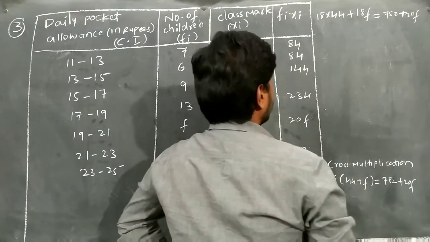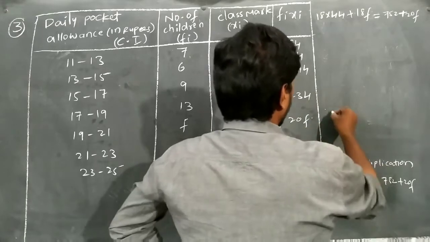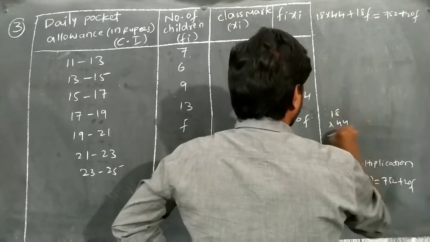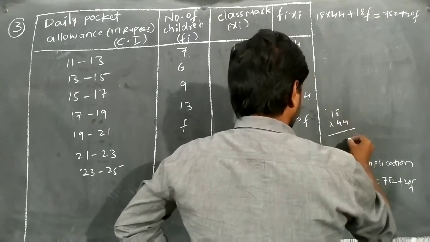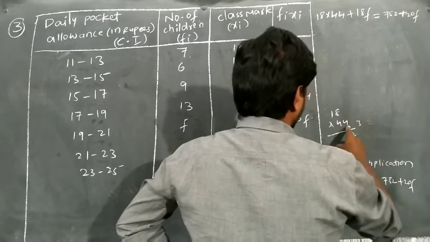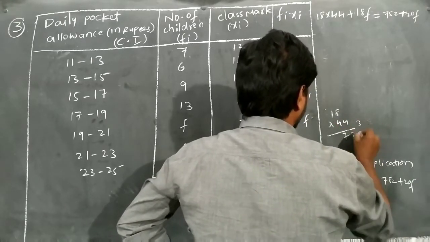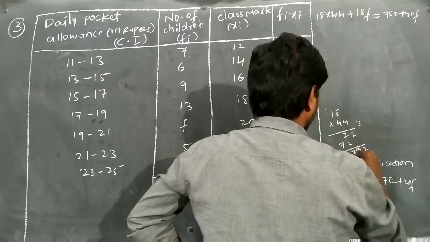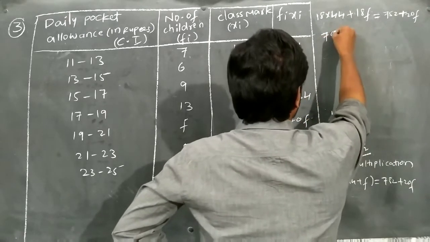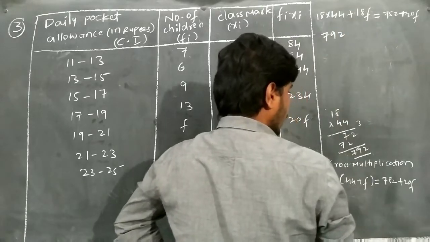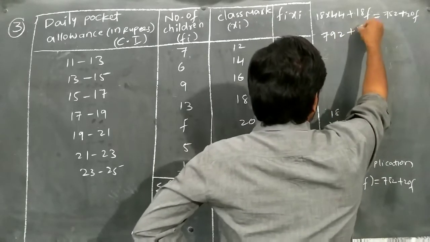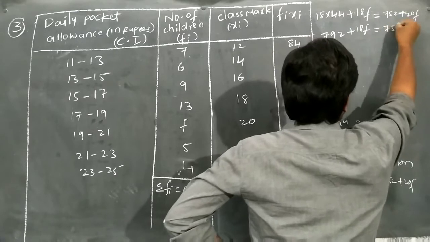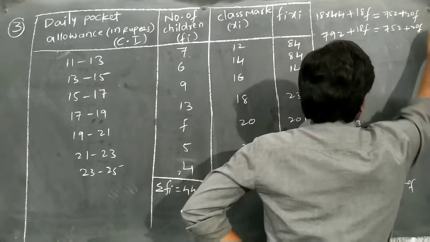So now 18 into 44: 4 8s are 32, 4 1s are 4, 3, 7, again 72, 2, 9, it is 792, plus 18f is equal to 752 plus 20f.